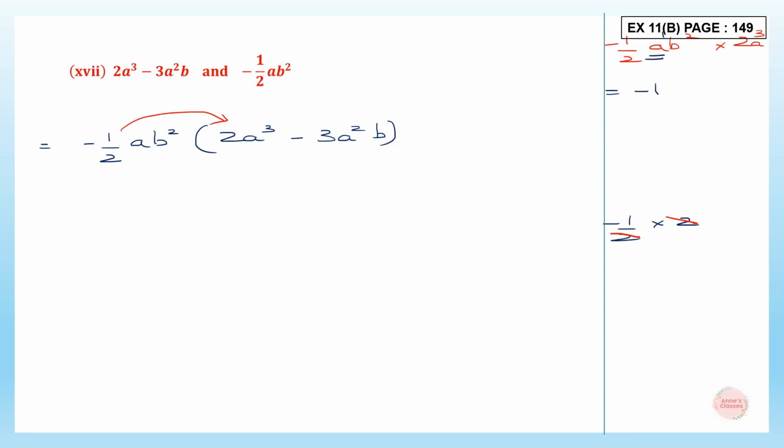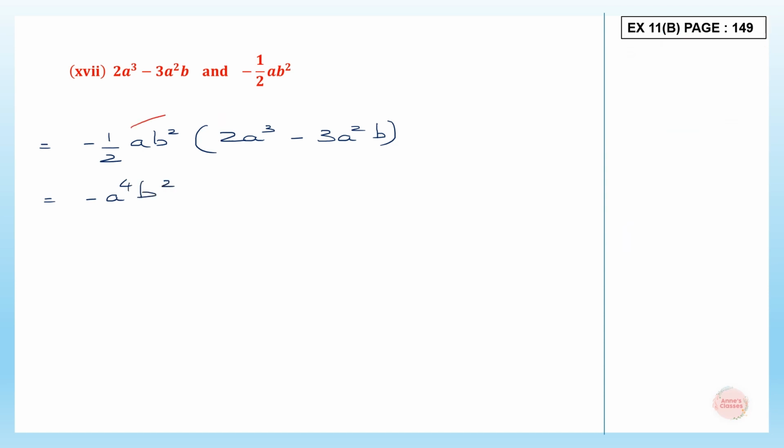There's 1a here and a to the power of 3, so that will be a to the power of 1 plus 3, which is 4. And b is b to the power of 2. So instead of writing minus 1 a to the power of 4b square, we can say minus a to the power of 4 and b to the power of 2. So that's the first thing, minus a to the power of 4 and b to the power of 2.